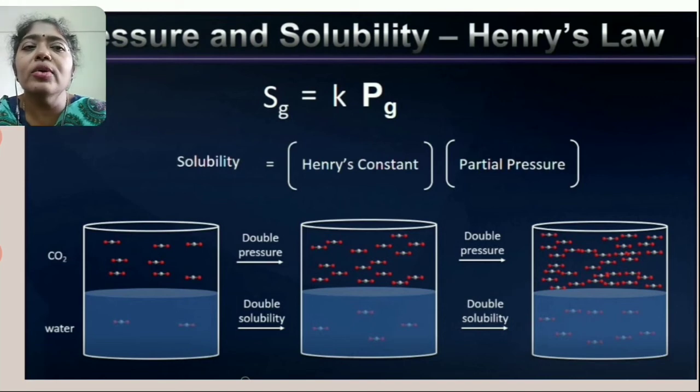So K is equal to S when P is equal to 1 bar. This is the statement of Henry's constant, I'm sorry.